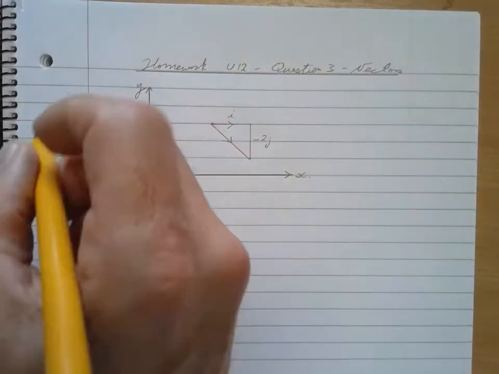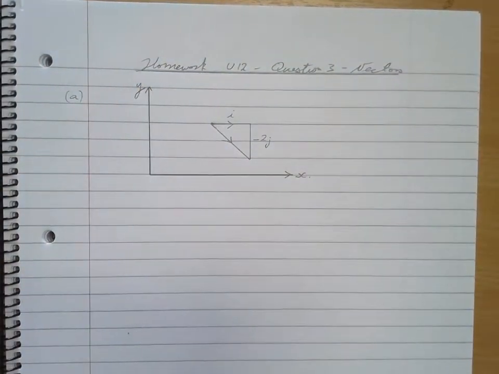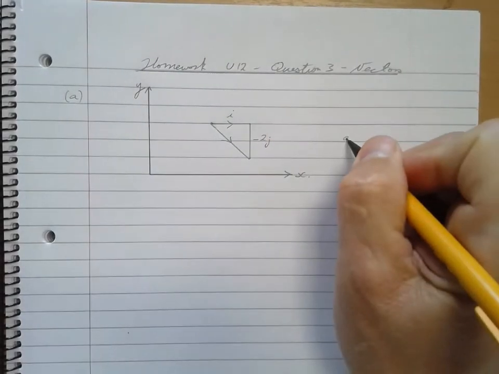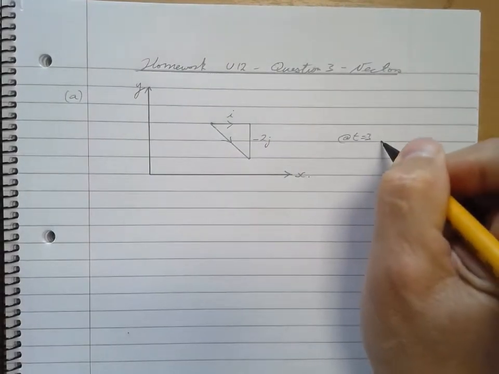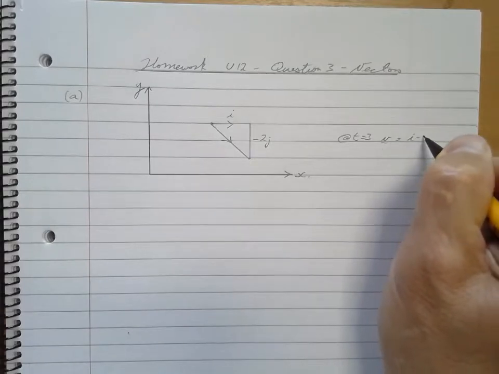Okay, so looking at the first part of the question, part A, we've got the velocity at t equals 3. The velocity vector is equal to i minus 2j.